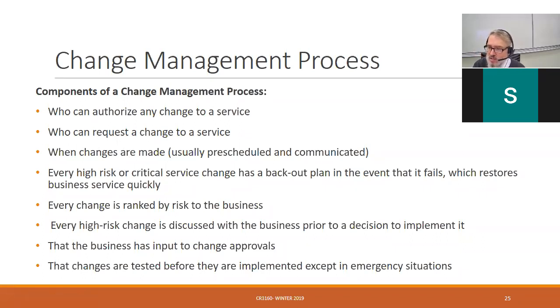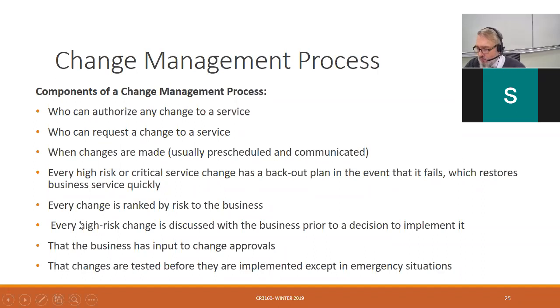Making a change to a system could cause something good to happen. Yes, every time there's a change, we hope that there's something good, but it could also have some possible, and perhaps not necessarily going to happen, downside to it. And those things have to be analyzed, and those things have to be brought to the attention of the people who are authorized to sign off on the changes.